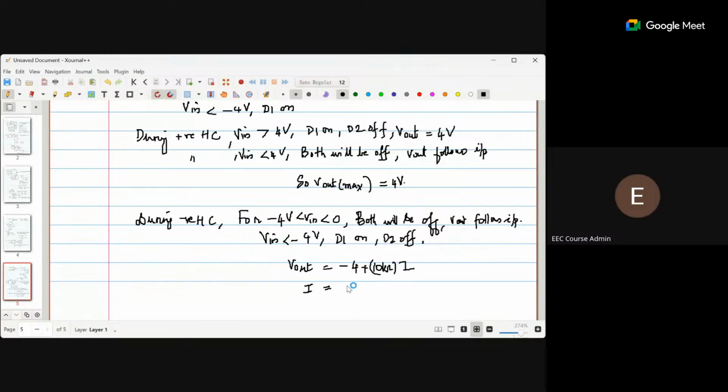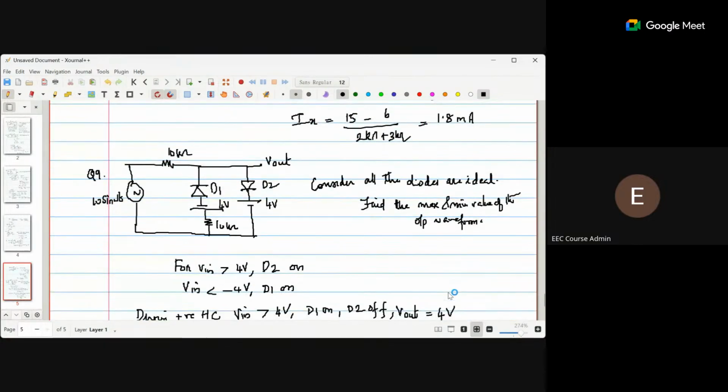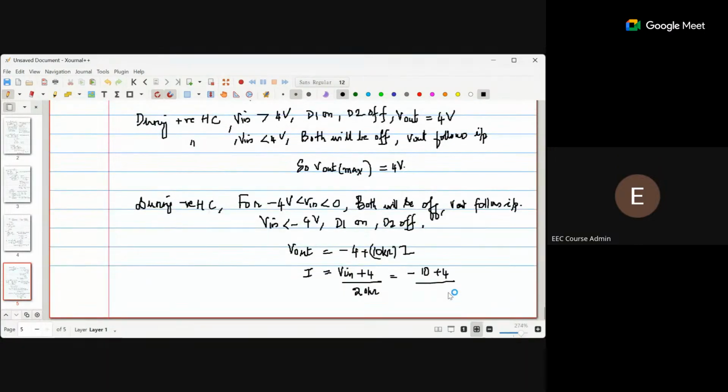So I will be V in plus 4 divided by R equivalent, by 20 kilo ohm. So that will be minus 10 plus 4, because input is 10 sin omega t. So minus 10 plus 4 by 20 kilo ohm, that will be minus 0.3 milliamps.